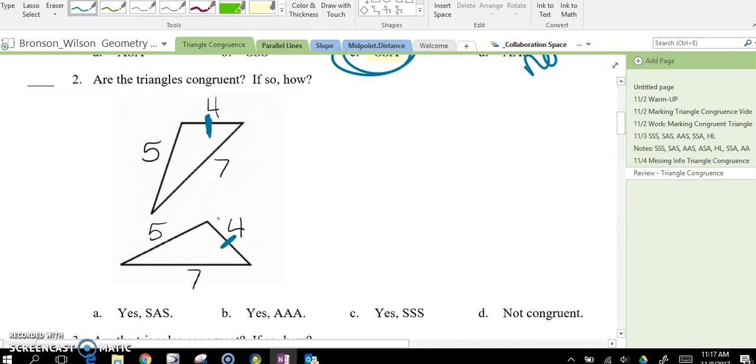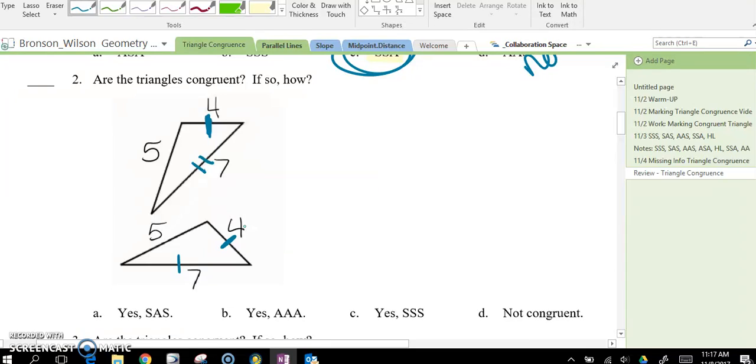Now, is there a second side? Let's use this one. Does the second triangle have the same measure side? Yes. We're going to also mark that one. How many tick marks? Can I do that? No. Why not? Because it's not 4, right?